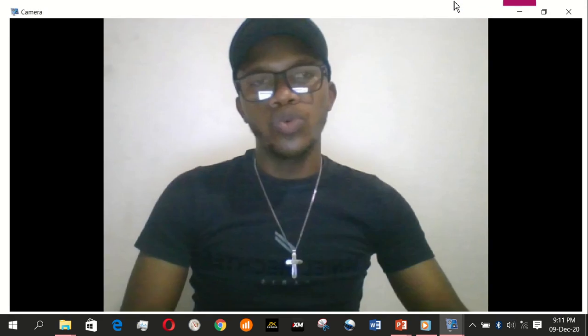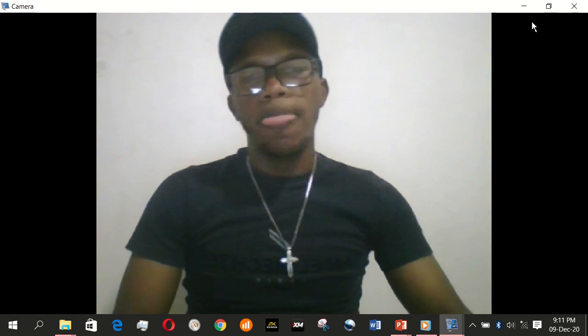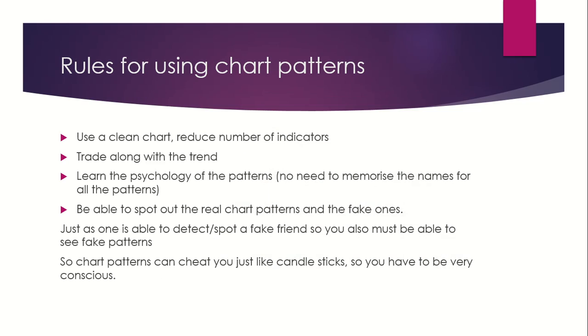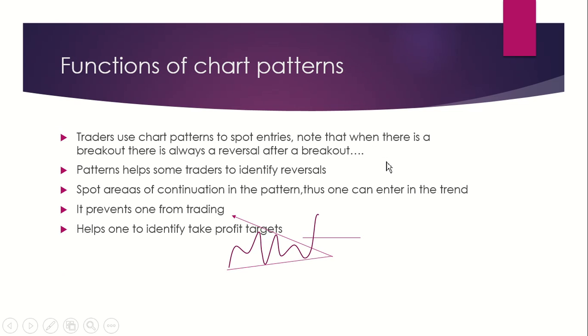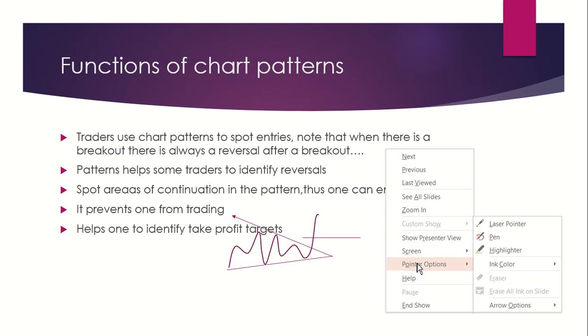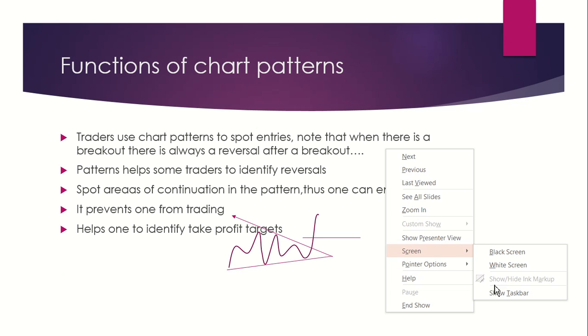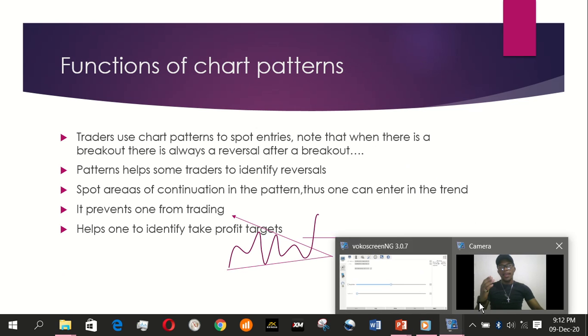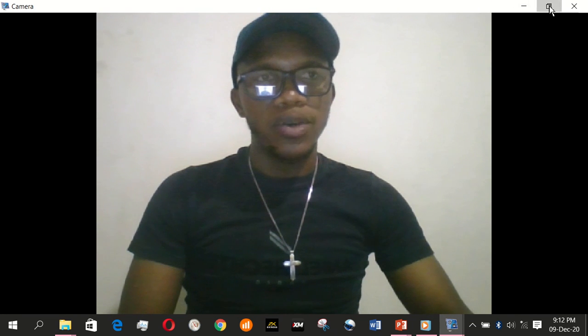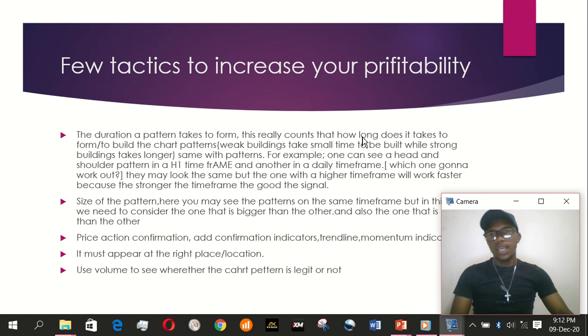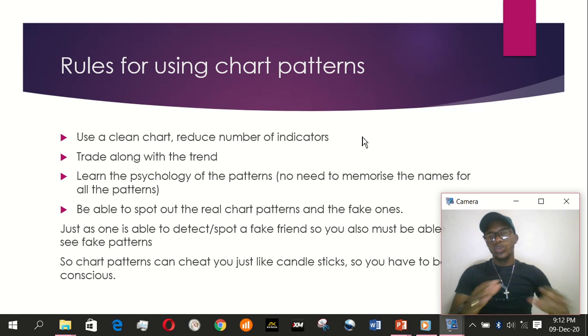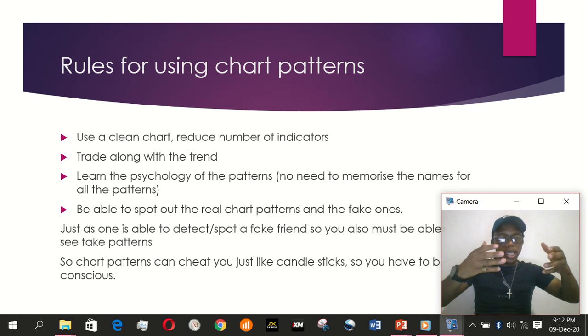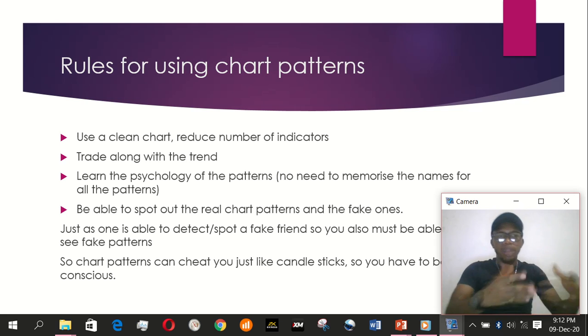But what you need to do is learn the psychology for all the patterns. So it is very, very important that whenever you are trading, you make sure that you have the right mindset.